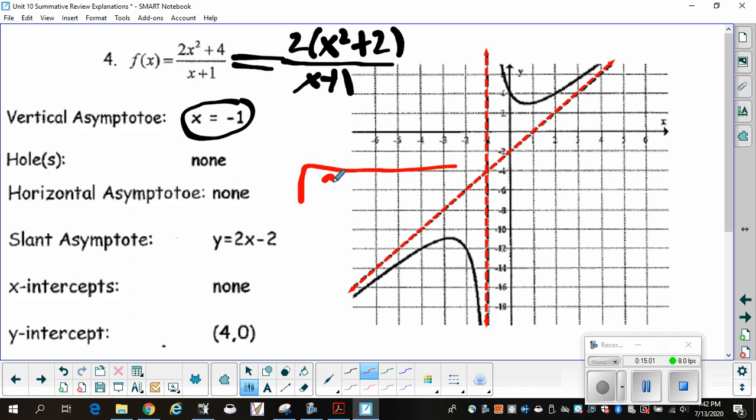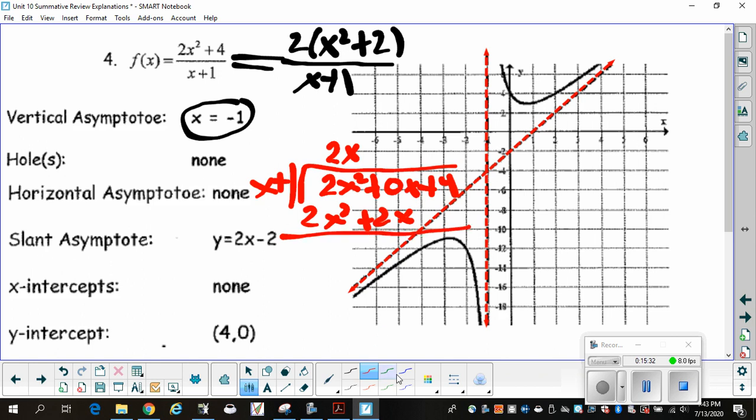So you're going to divide 2x squared plus 0x plus 4 by x plus 1. X will go into 2x squared, 2x times. Multiply: 2x squared plus 2x.